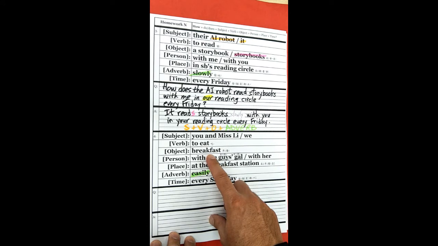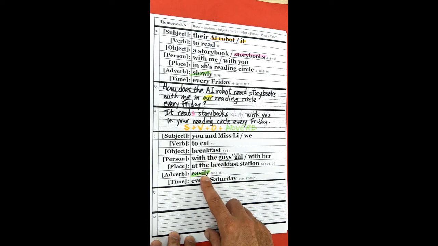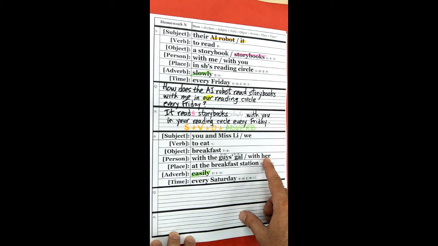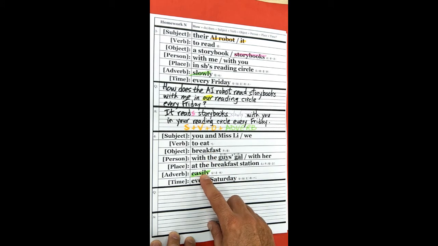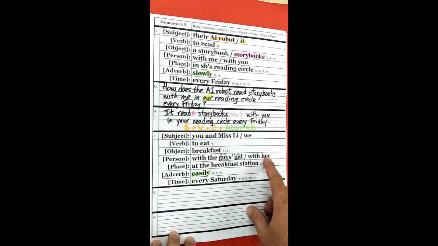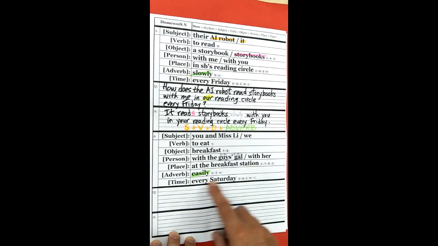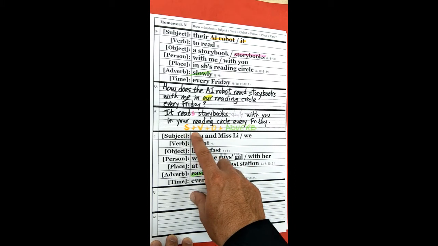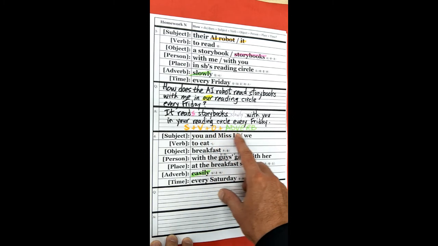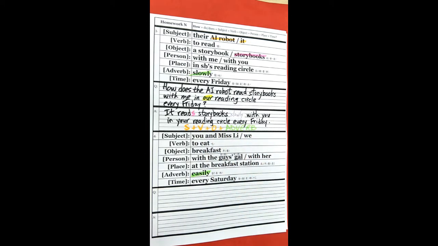We eat breakfast easily with her at the breakfast station every Saturday. Remember, subject plus verb plus object plus adverb. All right.